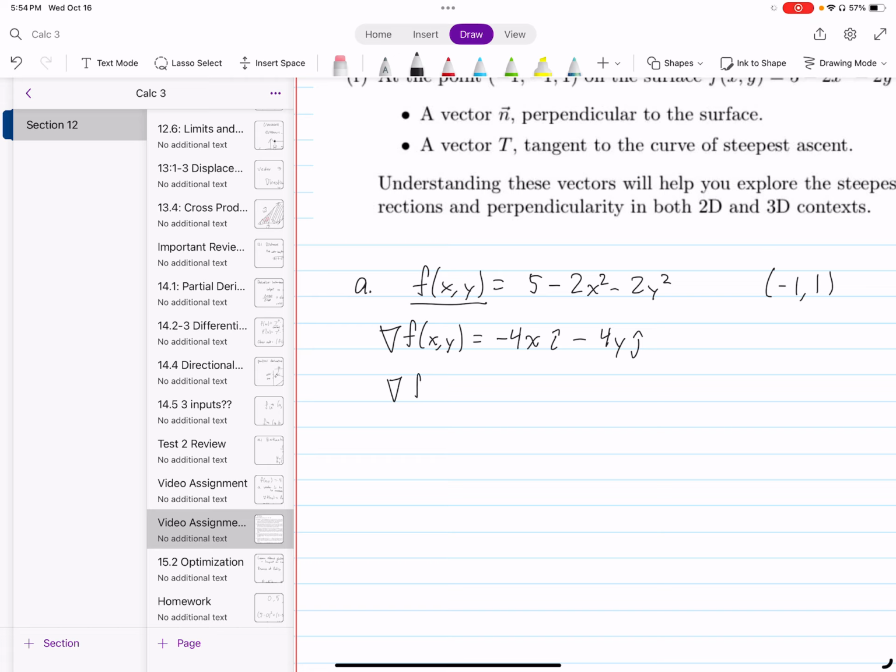So we will just substitute these points into the function. And then negative 4 times negative 1 i minus 4 times 1 j, and this will equal 4i minus 4j.